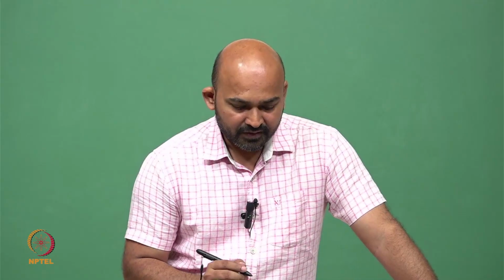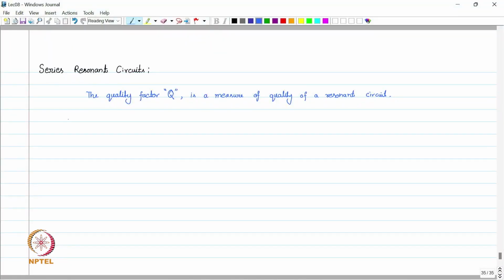So we have a higher value of this Q. This corresponds to a narrow bandwidth, which is desirable in many applications.